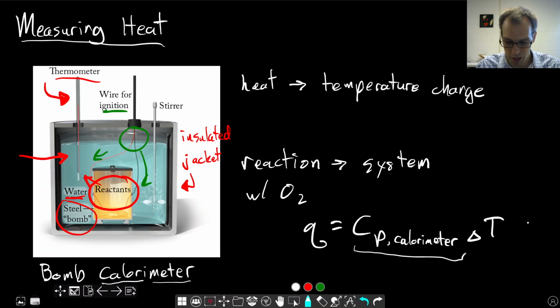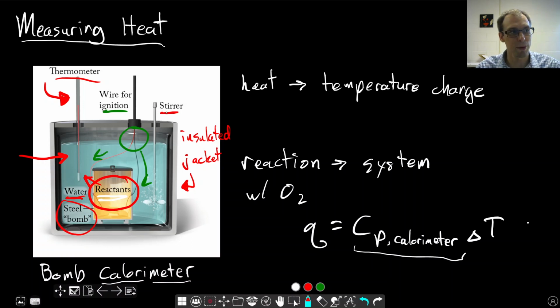We contain it, and have this insulated jacket to try and keep the bomb calorimeter, the whole system, separated from the surroundings. So any heat that is generated by our reactants here just goes into the water, and we measure that temperature change of the water and everything else that's in it. An important part here is this stirrer.